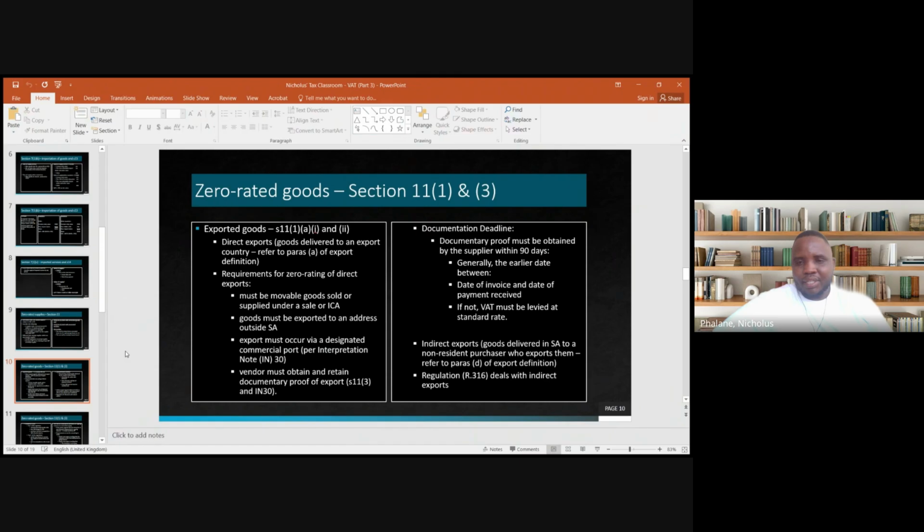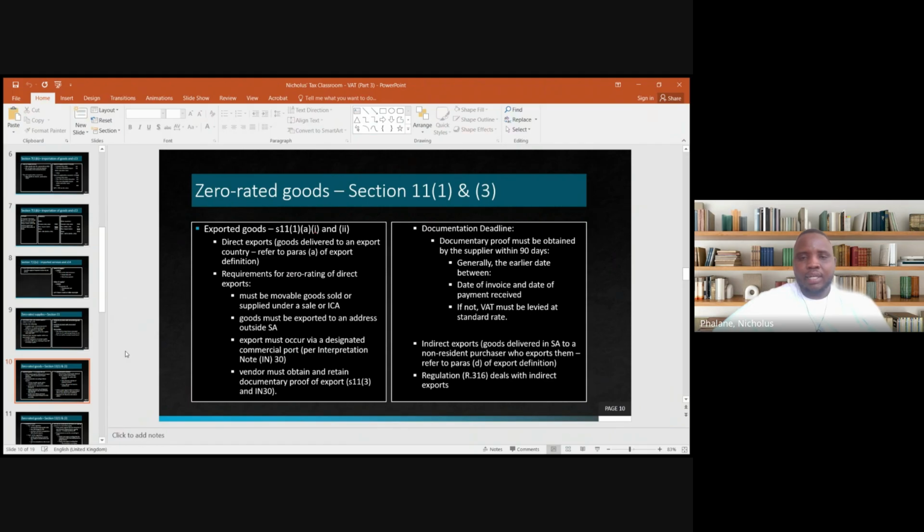So, do you think that there is going to be zero rating of this transaction or not? Right. Basically, the transaction will not be zero rated, but this person, who is a tourist, for example, coming from a foreign country, will, at the time of leaving, when they get to the commercial port, claim the VAT that was charged on that transaction.